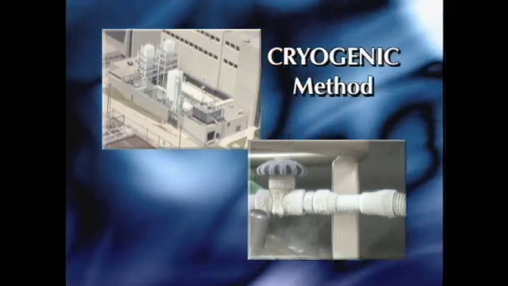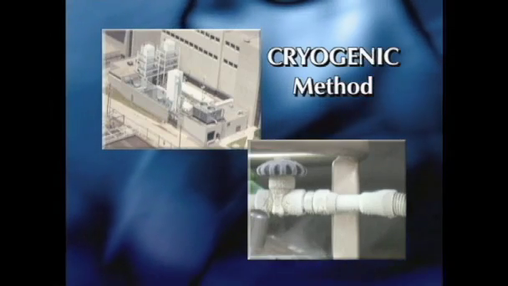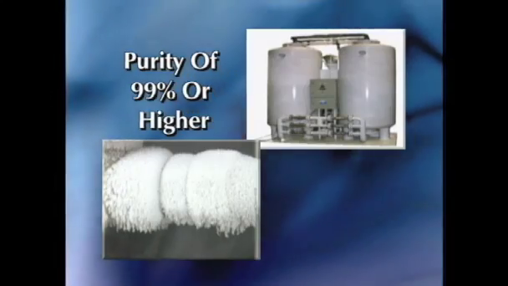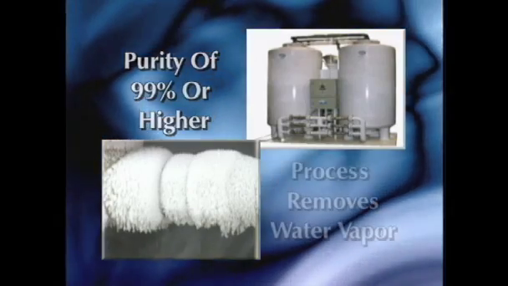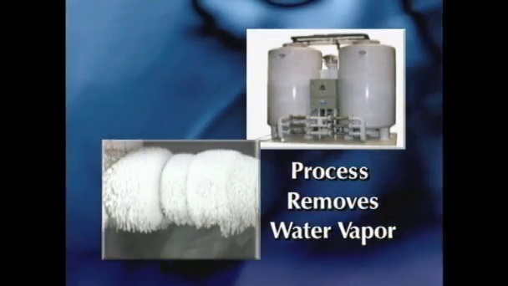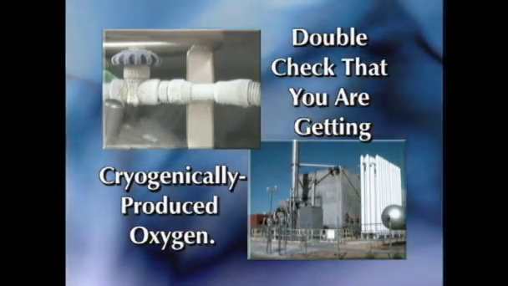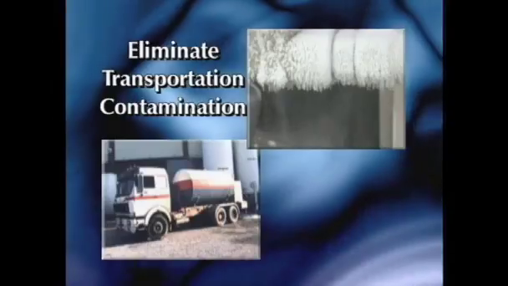Most of the oxygen sold today in the U.S., including aviation oxygen, is produced by a cryogenic method using sub-freezing temperatures. This method produces an oxygen purity of 99% or higher. Aviation oxygen is subject to a process that removes water vapor. For safety's sake, it is recommended that you double-check that you are getting oxygen that was produced cryogenically.